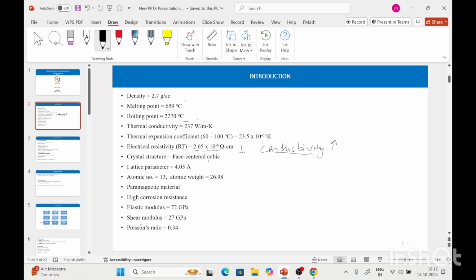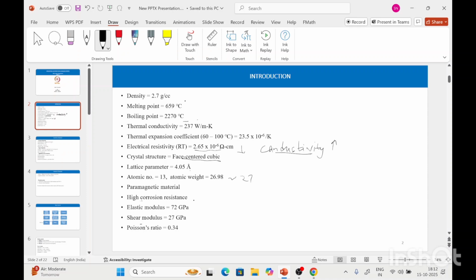Its crystal structure is FCC, which possesses high strength and ductility. The lattice parameter is 4.05 angstrom. Atomic number is 13 and atomic weight is 26.98, which is approximately 27. It is a paramagnetic material, meaning it's non-magnetic.